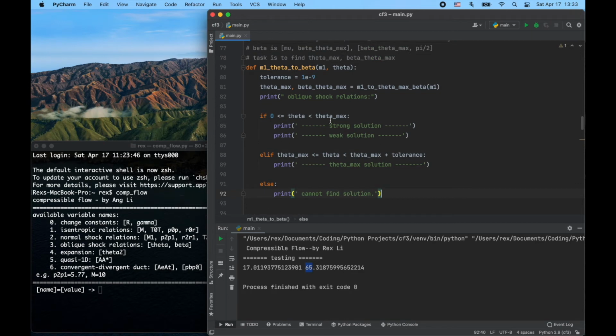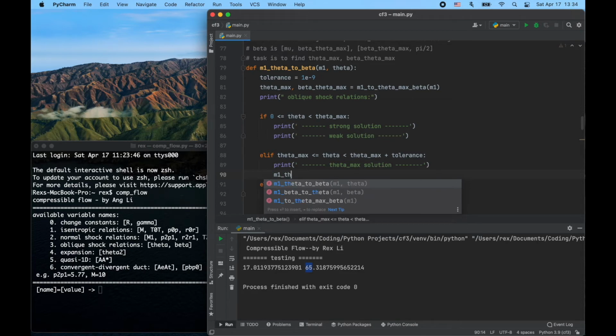Okay, let's first find this. We will just print M1, beta, and theta solutions. Because now we have beta, theta, and M1. They are just here, here, and that. So I would like to find a way to print all of them. So M1, theta, beta, print.